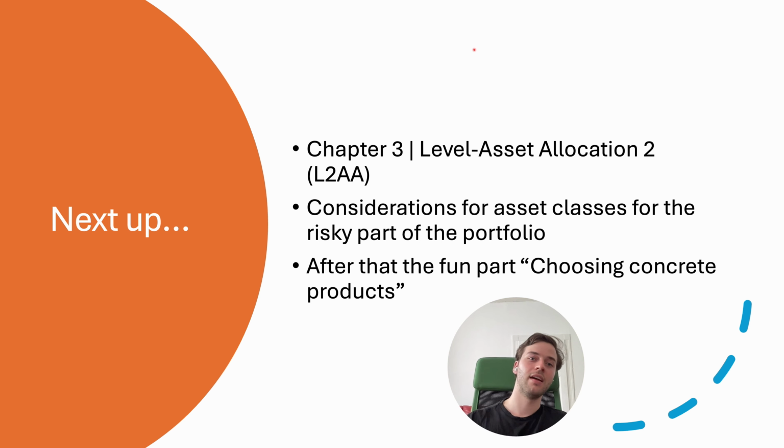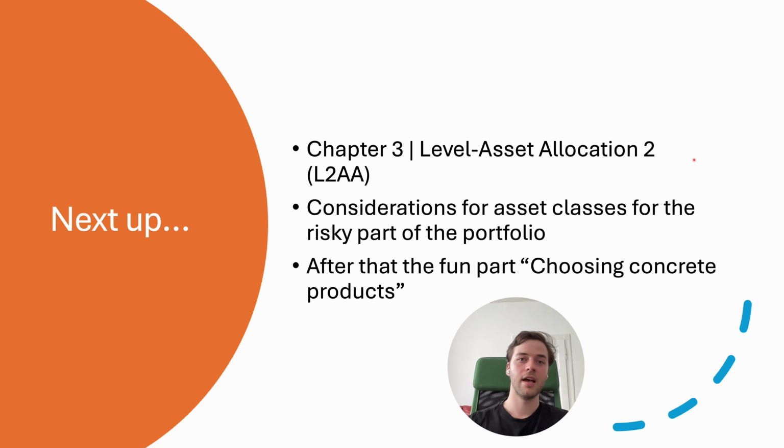We're gonna have chapter 3, and we're gonna talk about level asset allocation 2, L2AA. What is that? Well, now we consider the broad strategy, how much percentage to put into the risky part of the portfolio, how much percentage to put into the low risk part of our portfolio.